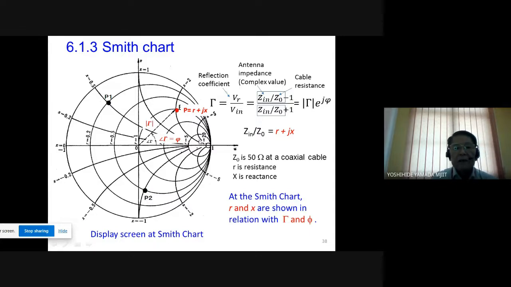And this circle shows the reactance. This plus reactance is inductance. This minus X is capacitance. So at this point, we can determine the input impedance from the point. This is the principle.